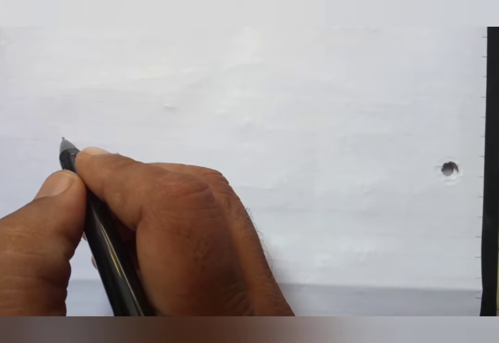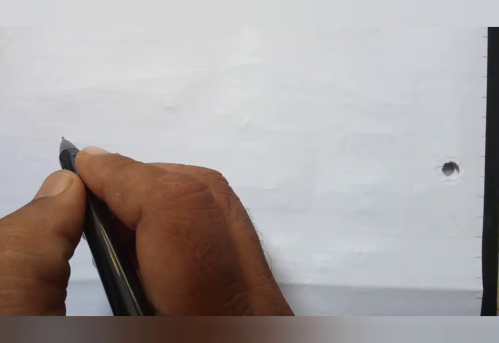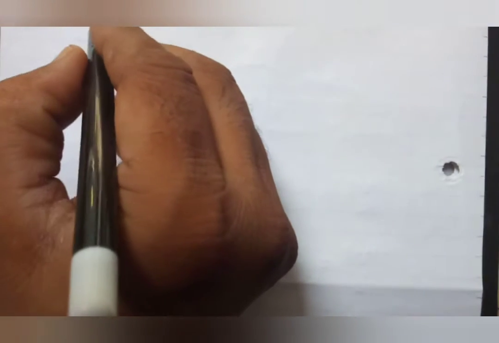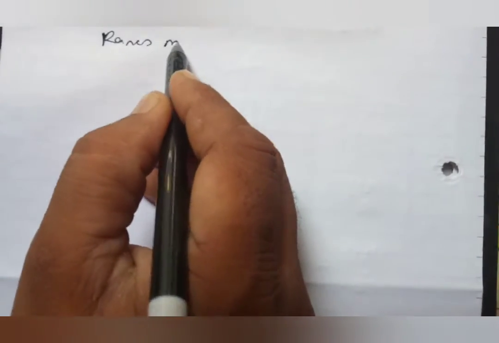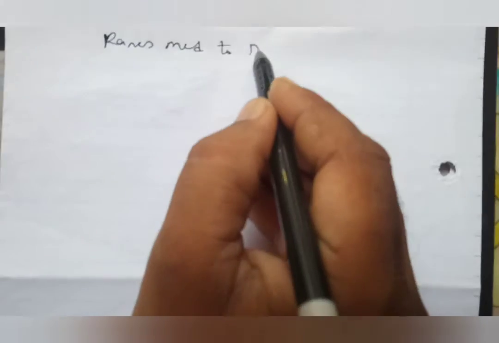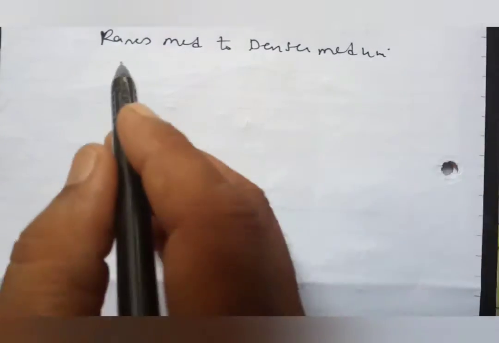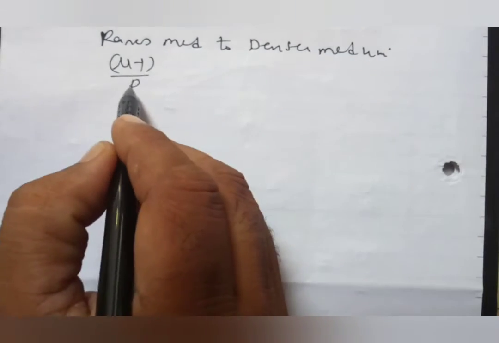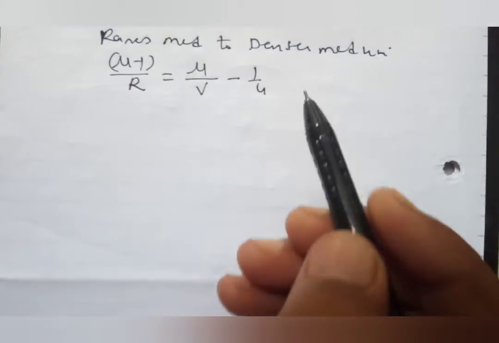For this purpose, I want to tell you about refraction through curved surfaces. As a light ray travels from rarer medium to denser medium, we can use the formula mu minus 1 upon r is equal to mu upon v minus 1 upon u.